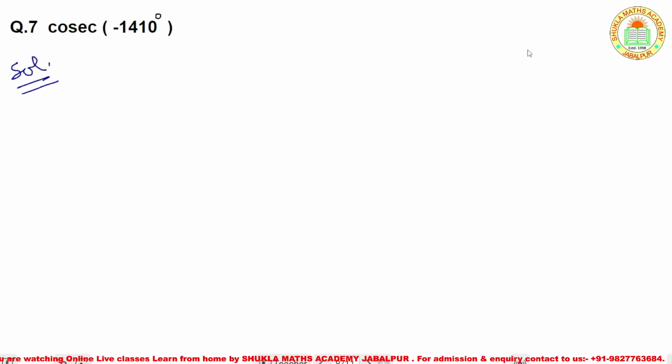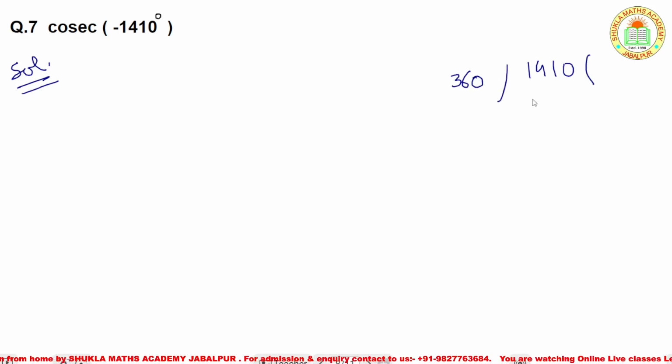First, minus 1410. So take the 1410 and divide this by 360, right? So we go to the next multiple of 360 of the 1410. So I think 360 into 4. Now we will check how much value is coming. 360 into 4 is 1440.